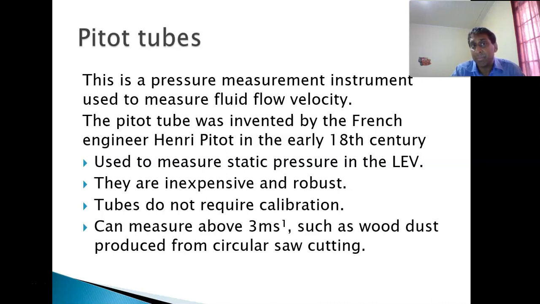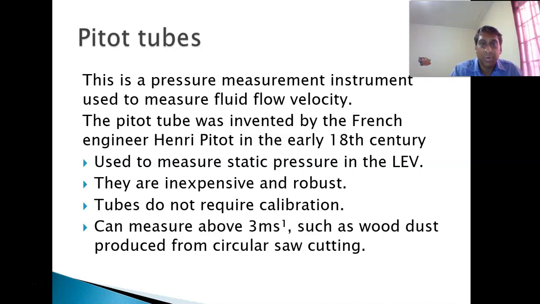This is a pressure measuring instrument used to measure fluid flow velocity. The Pitot tube was invented by the French engineer Henri Pitot in the early 18th century, used to measure static pressure in the LEV. They are inexpensive and robust. As I mentioned, they are like a piece of metal, typically just steel.